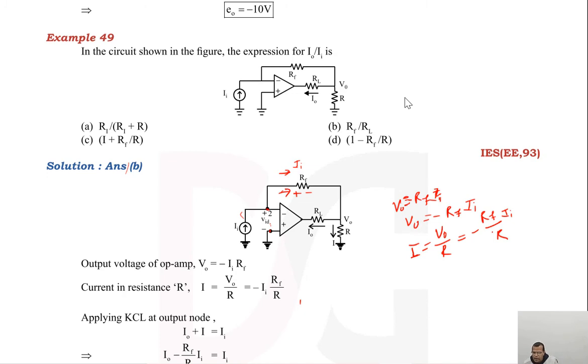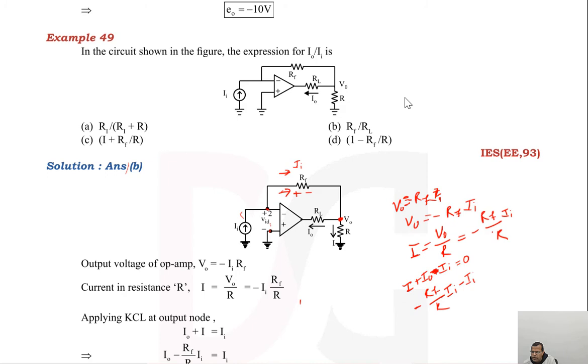That is current I. So if you apply KCL at this node, current I plus current I naught minus incoming current is equal to 0. Remember, this is outgoing current, this is outgoing current, and this is incoming current. So outgoing current is positive, and this is the incoming input current, so that is equal to 0. Fine. So you know what is I? I is minus RF divided by R into I input.